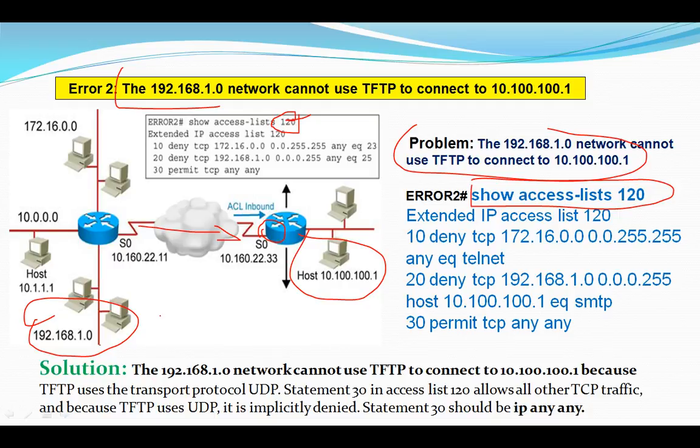Now, what is the solution? After seeing this, what could be the reason? The solution is that the 192.168.1.0 network cannot use TFTP to connect to 10.100.100.1 because TFTP uses the transport protocol UDP. For this communication, it uses the UDP protocol for transmission.